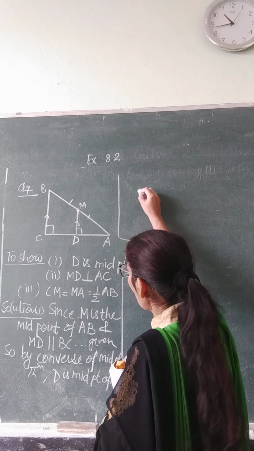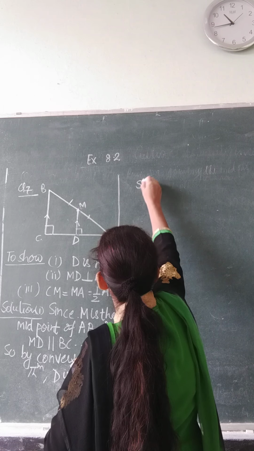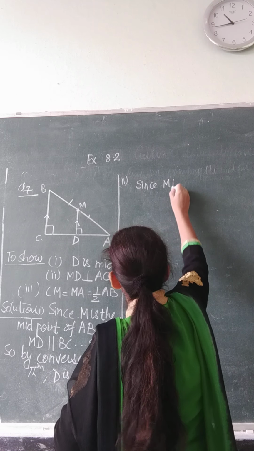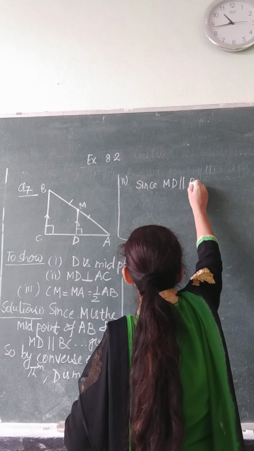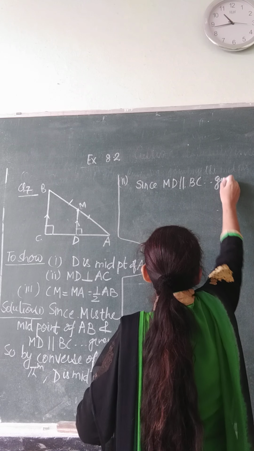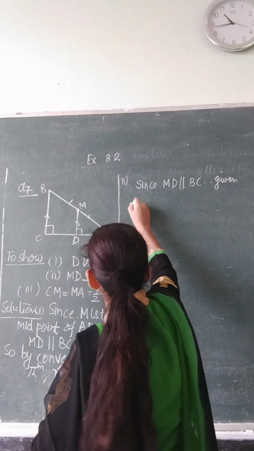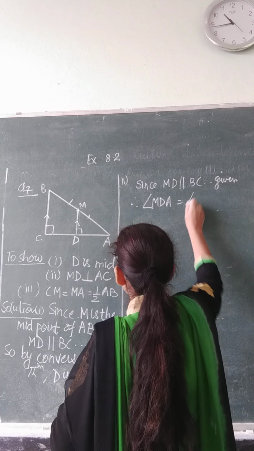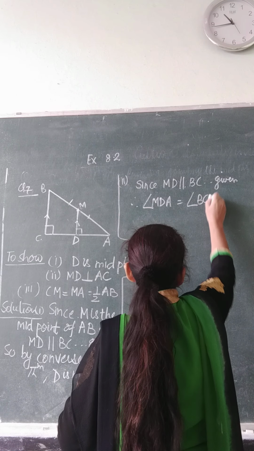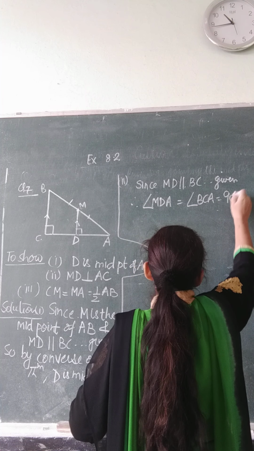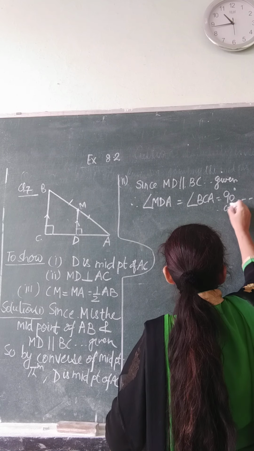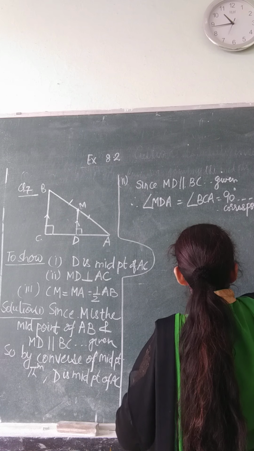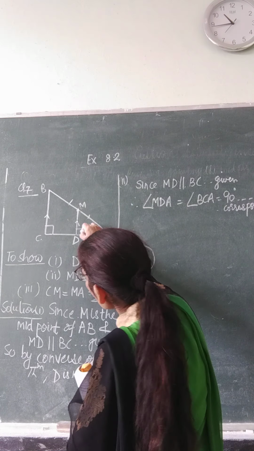Since MD is parallel to BC given, therefore angle MDA is equal to angle BCA equal to 90 degree. Why? Because they are corresponding angles. Got it? Therefore, this angle is 90 degree.